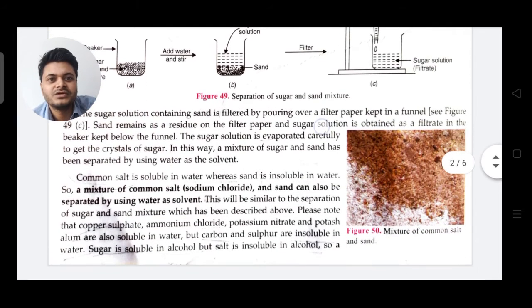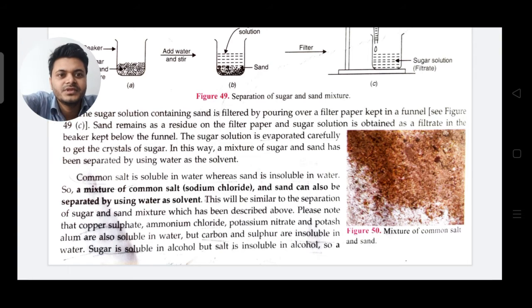Next you can see common salt is soluble in water whereas sand is insoluble in water. So a mixture of common salt, that is sodium chloride, and sand can also be separated by using a solvent. Common salt is dissolved in water whereas sand is not, so here also you can separate by the filtration method.